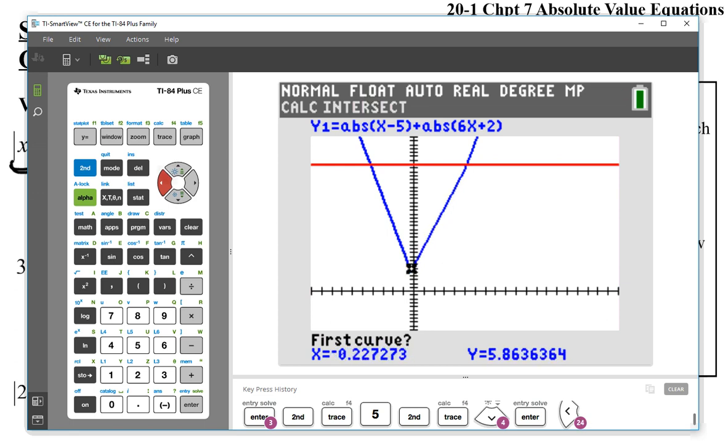I think there is a trick to get there quicker, but I forget what it is, to be honest with you. So we're on the first graph. We're on the second graph. Yes, please guess the answer. And the second x value, because that's what we're looking for, is negative 4.29 when it's rounded.